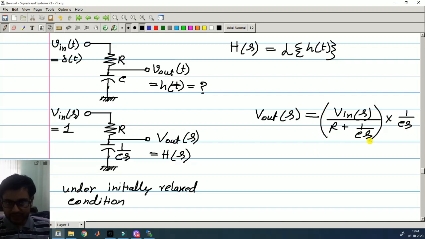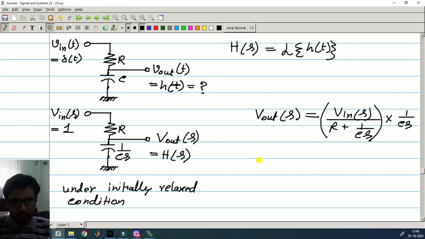Basically this part is the current that flows here, I mean the Laplace transform of the current, of course. And then this is the Laplace transform of the output voltage, which is Hs. And V in S is 1.